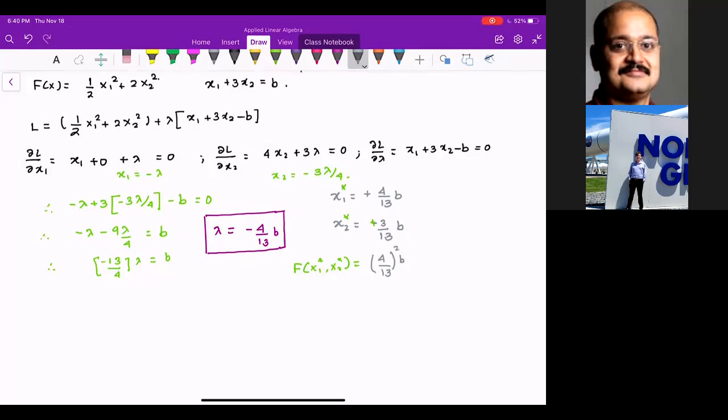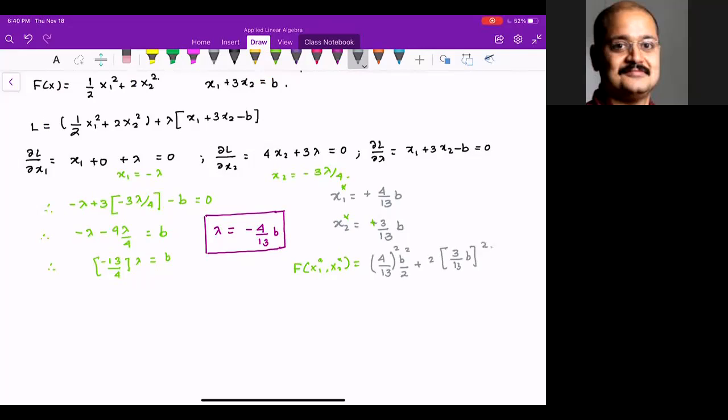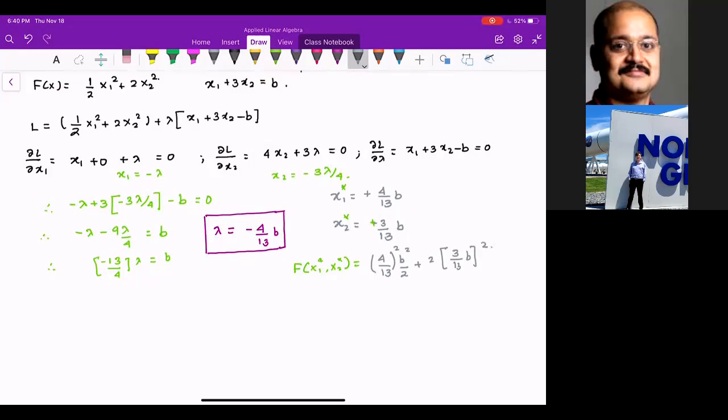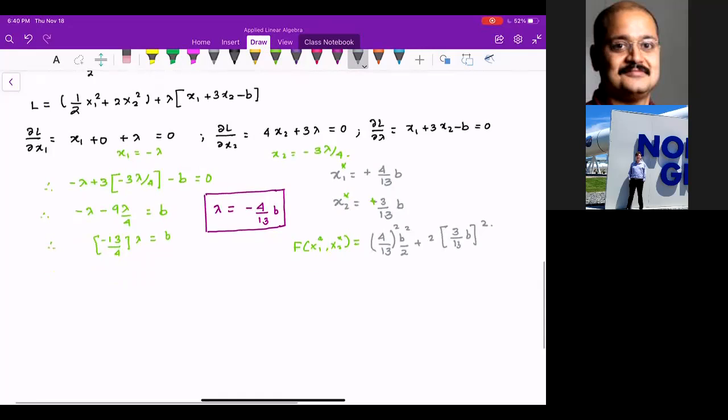So you want to square this, divided by 2, plus 2 times 3 by 13 b square. And then this is what is asked, right?